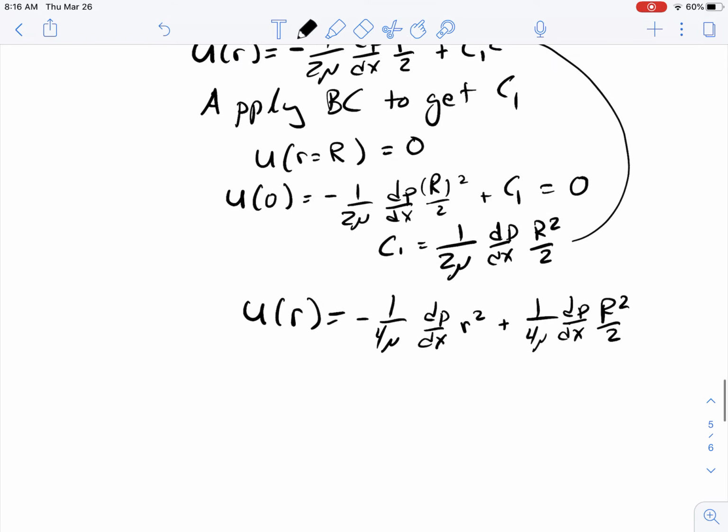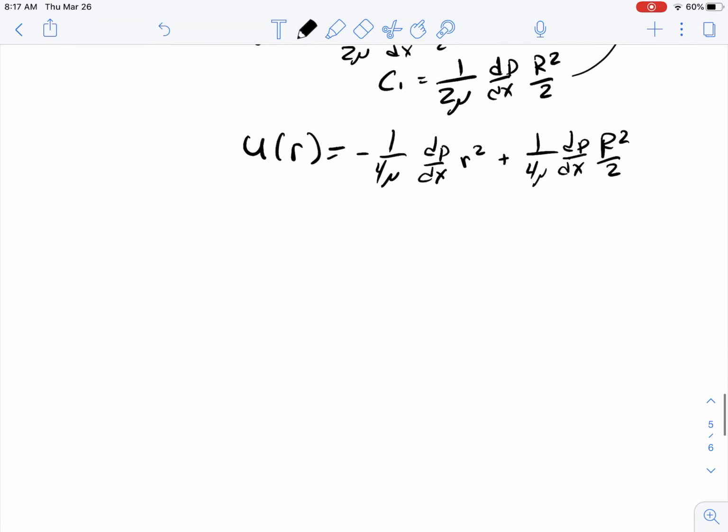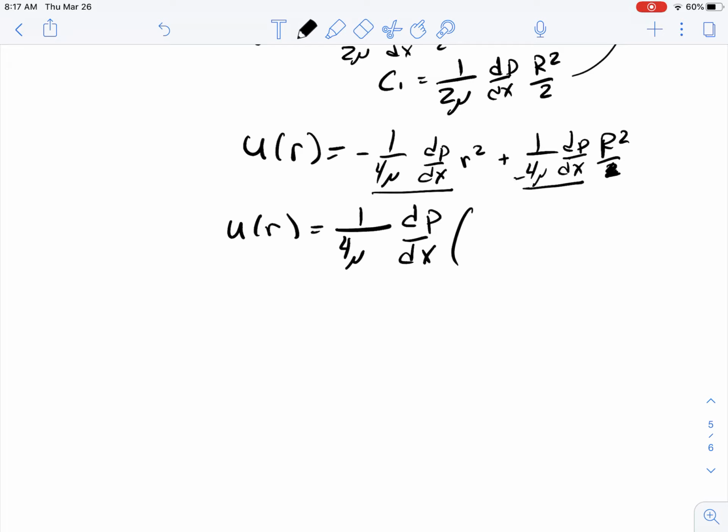And then we can do a quick simplification, and we end up with 1 over 4 mu times dP/dx. We're just going to pull these out, and then times big R squared minus the little r squared.